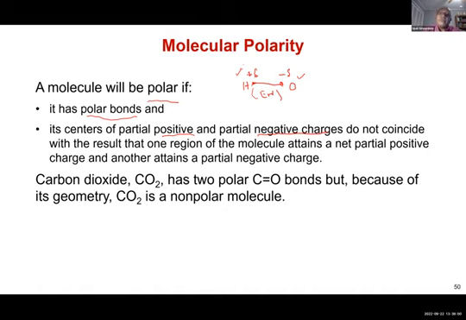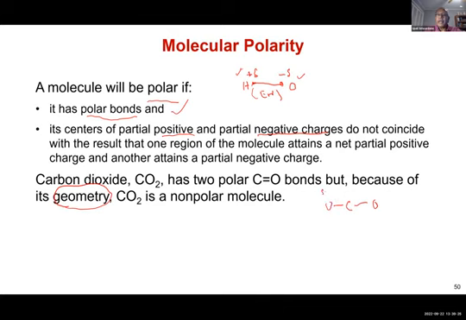Now there's one more thing. The first thing is the molecule has to have polar bonds, but the geometry of the molecule has to be considered. For example, carbon dioxide is a linear molecule.